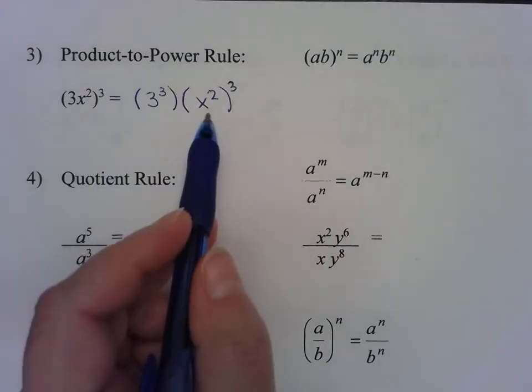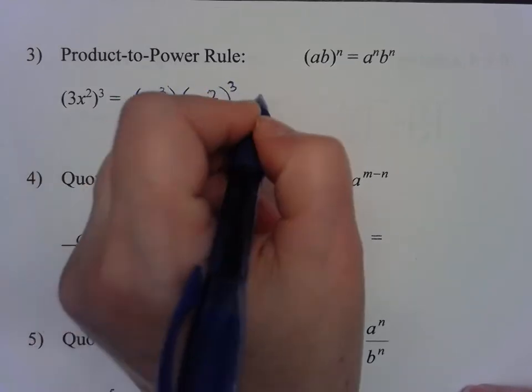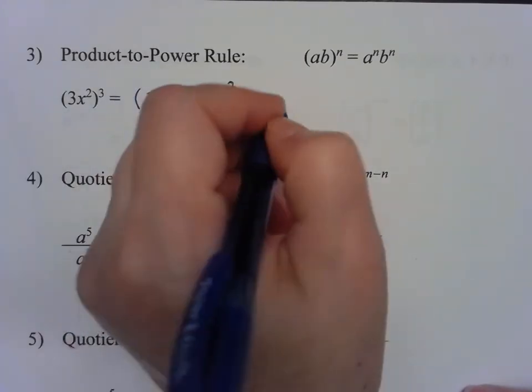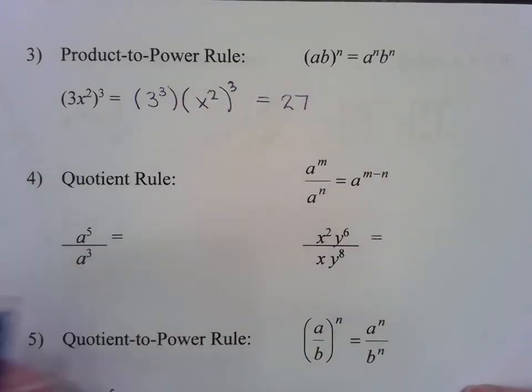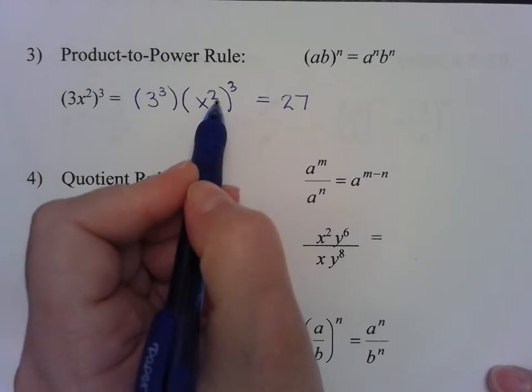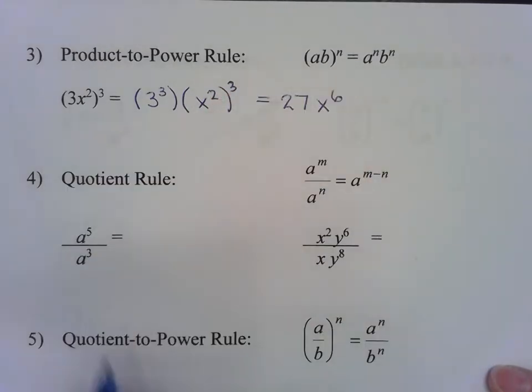It's really easy to remember the variable, but sometimes we forget to do the number or the coefficient as well. So 3 cubed, and I could have written this on the outside, it doesn't matter. 3 times 3 times 3 would give me 27. And then I'd use my last rule and multiply here to get x to the 6th.